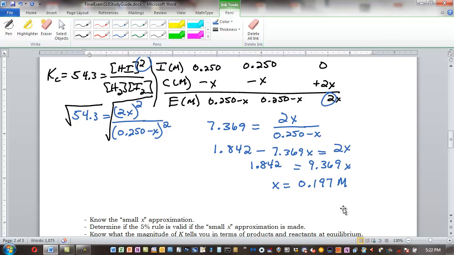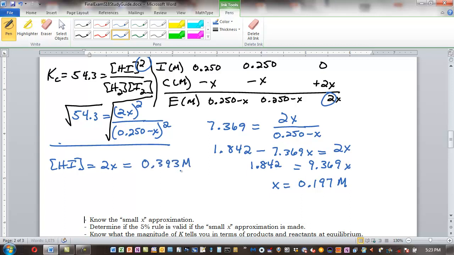Okay? So the concentration of HI is 2x, so 2 times 0.197. And it actually came out to 0.1966, so when I multiplied that by 2, I ended up with 0.393. Okay, so if we just took this 3 sig figs here, we'd get 0.394. I had another digit in my calculator, so when I doubled it, I got 0.393.